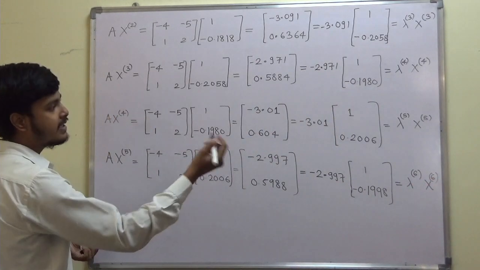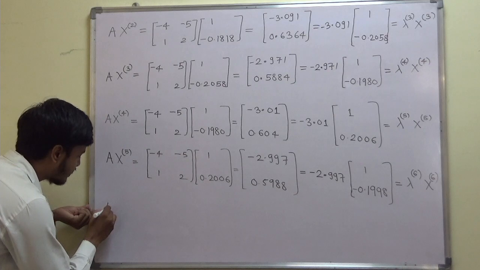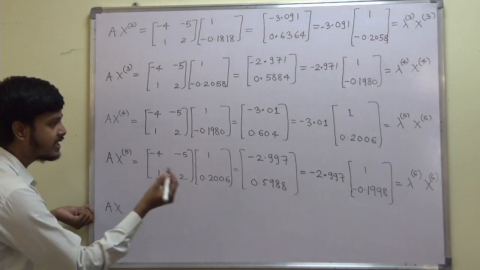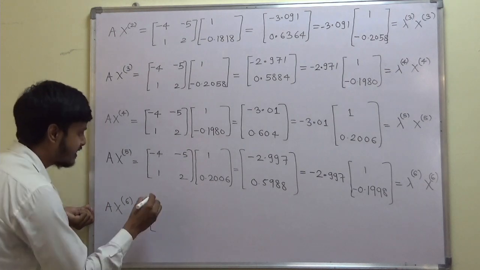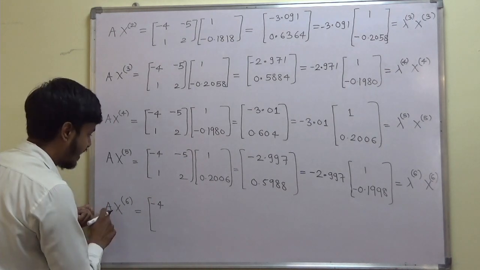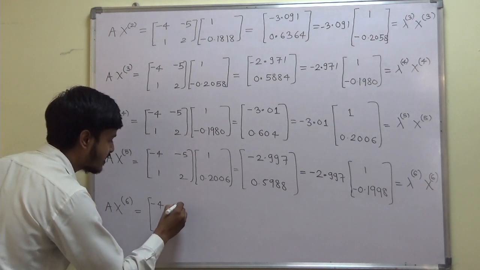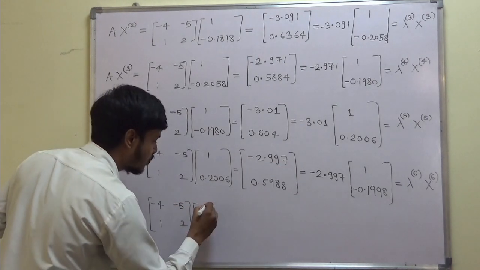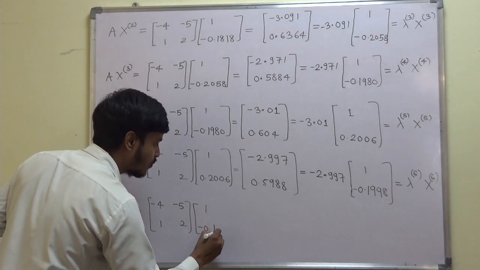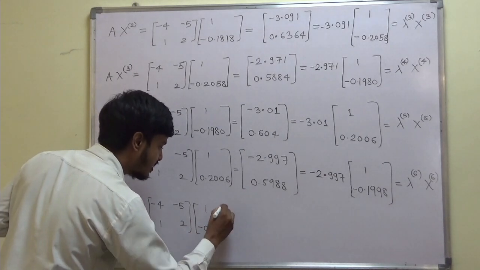Lambda 6 x6. Next we have to find out AX6. So what is AX6? This is A, [-4 1; -5 2], then operating on x6, which is [1, 0.1998].